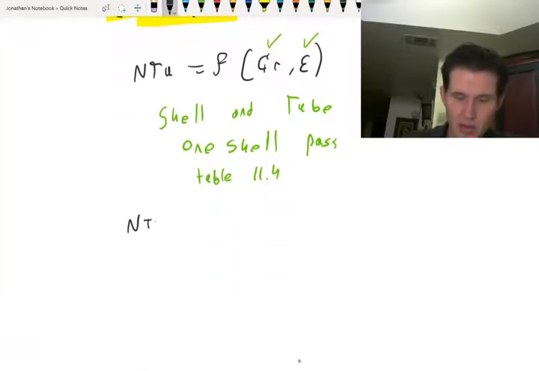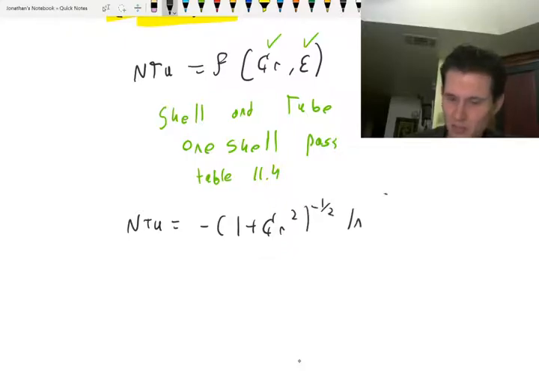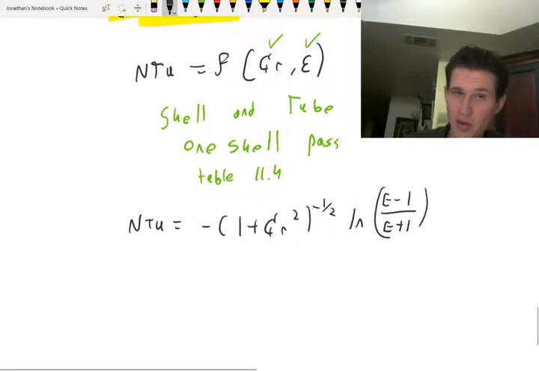So we get our NTUs is equal to some complex function relating a lot of C's and efficiencies together. Now, if you look here, when they did this, they put this variable E in. E is not something we have to go do more work to calculate.